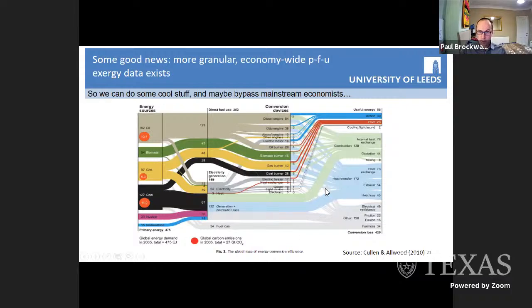So here we have some of the work by John Cullen, who produced work looking at global flows and estimated that at a useful stage, we have only around 55 exajoules of energy that we are usefully consuming back in 2005. Divide that by the primary energy input, so 55 over 475 is about, let's say, 12%.